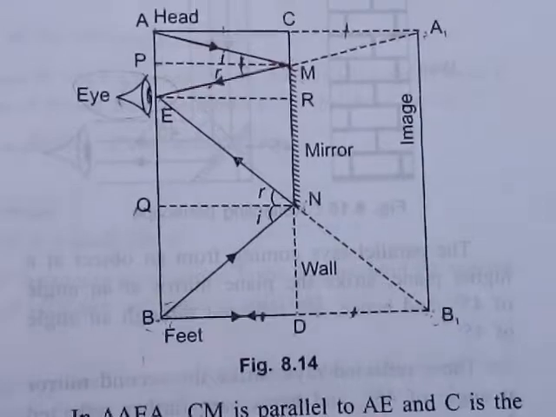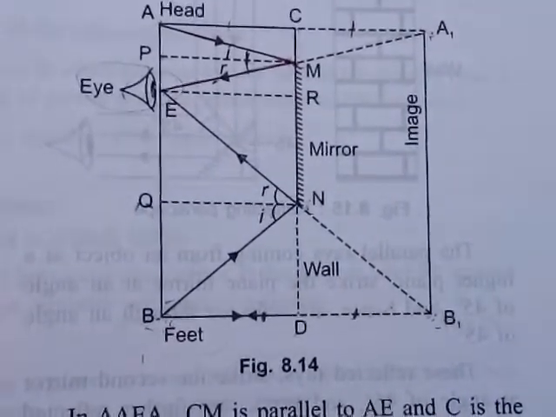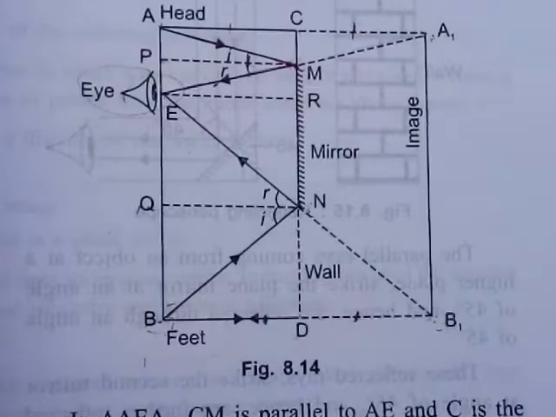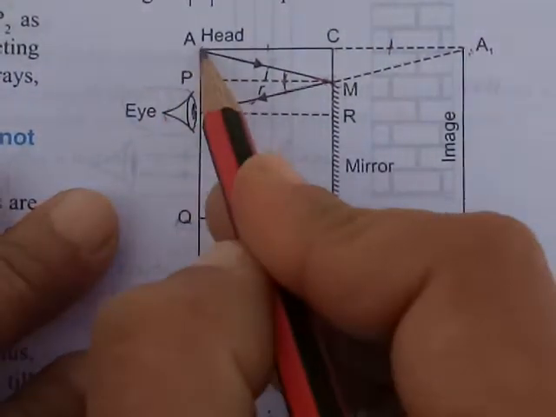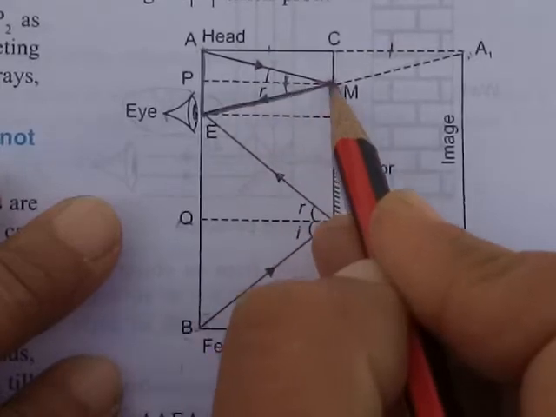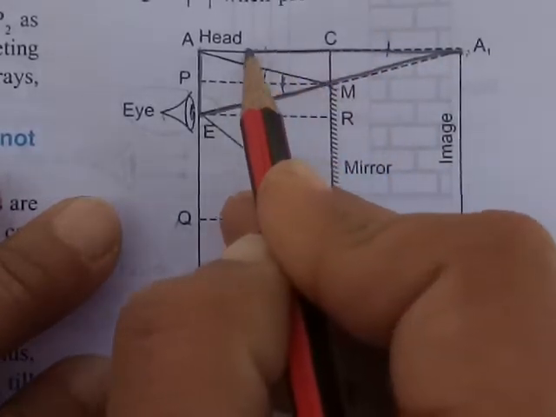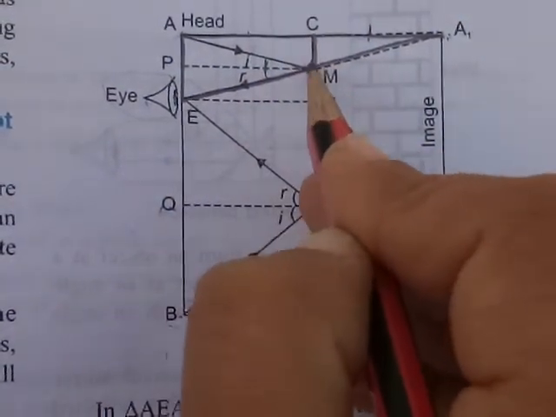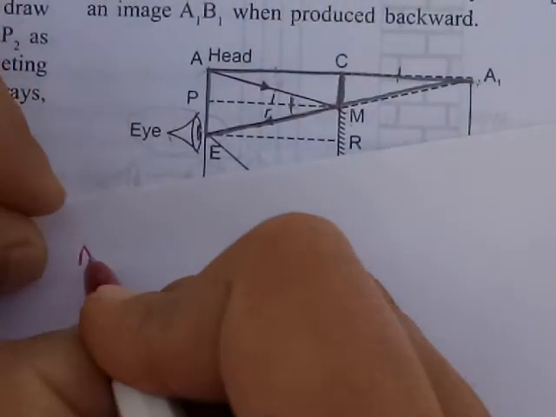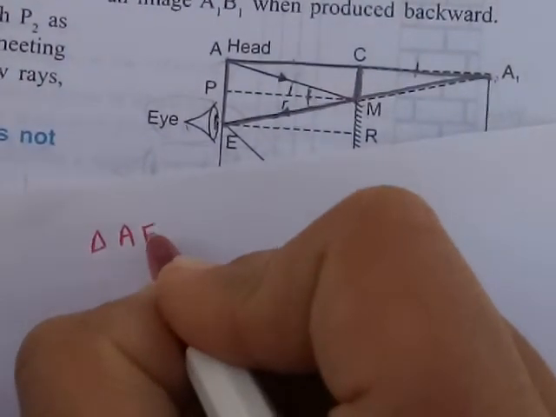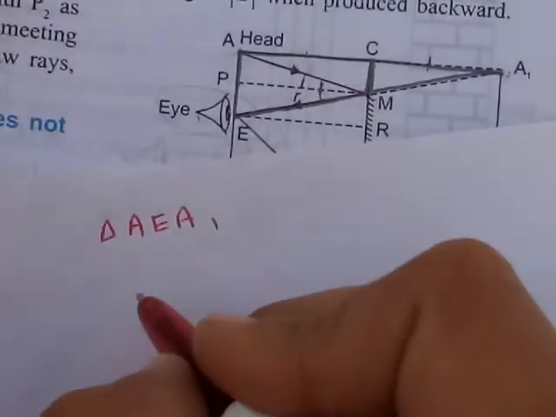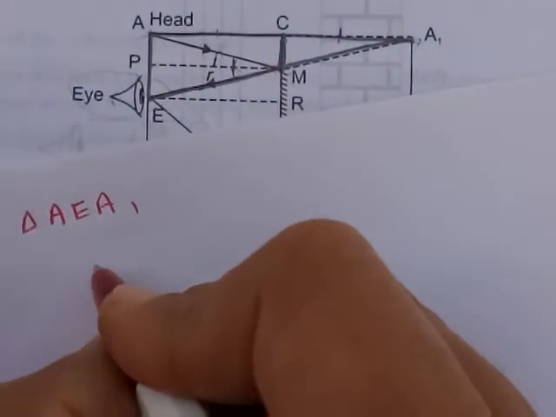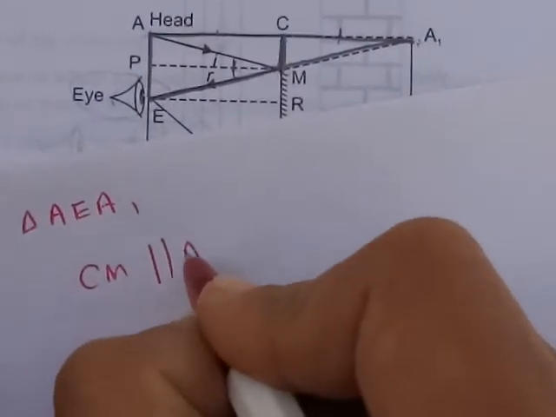Now mathematically let's start. In triangle AEA1, CM is parallel to AE.